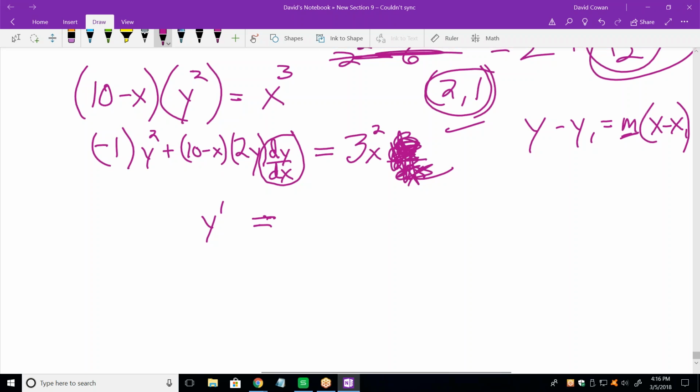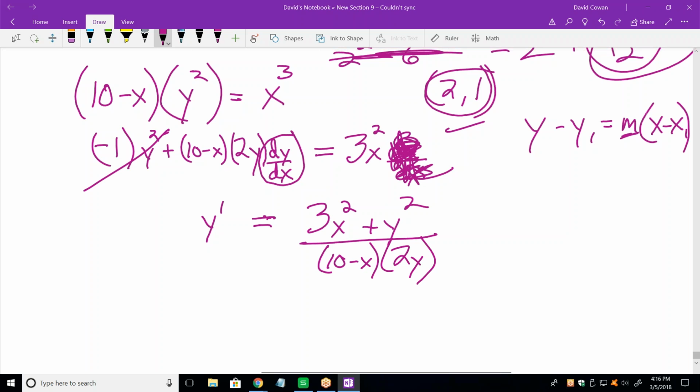First you would have your 3x squared, then you could add y squared to that, since y squared is -1. And then you could divide all of that by 2y times 10 minus x in parentheses.